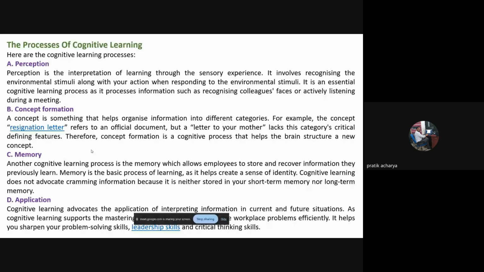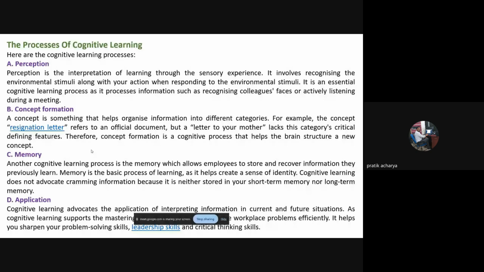In the example, it is mentioned that a resignation letter refers to an official document. But if you are writing a letter to your mother, the pattern is different.